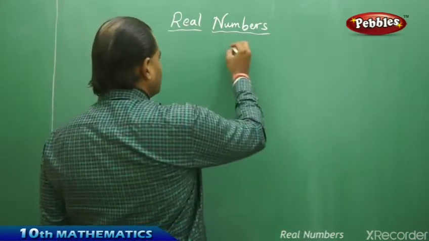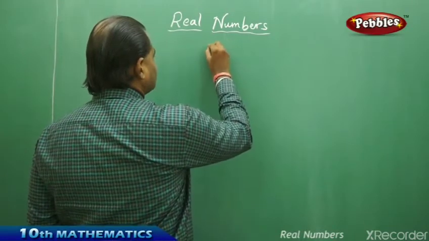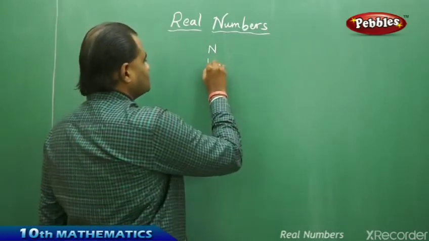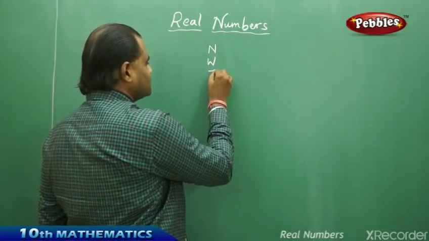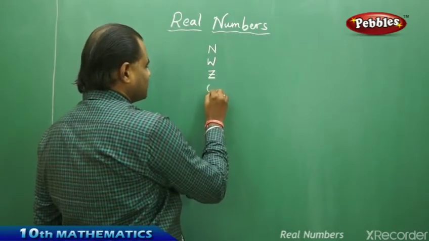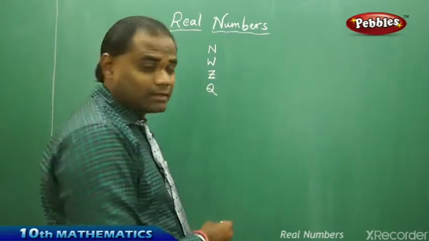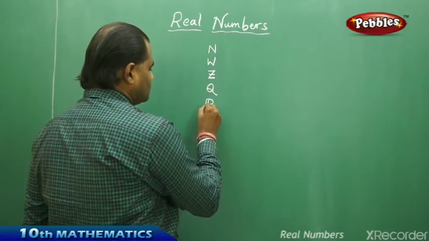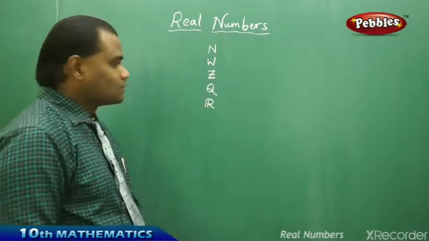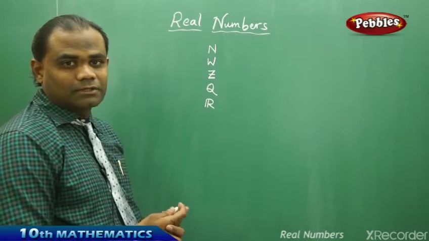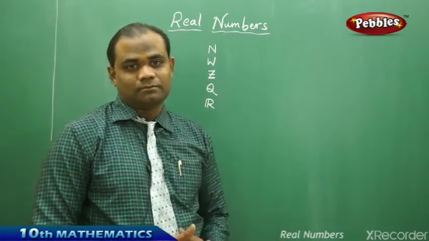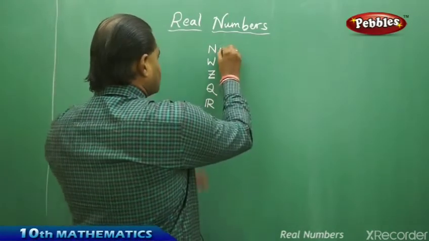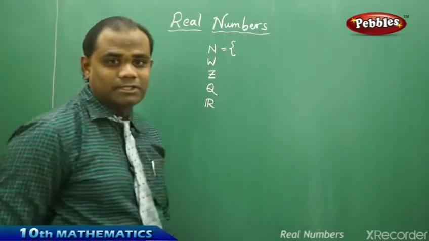Say for example, we know that we have natural numbers denoted by N, then we have whole numbers denoted by W, then we have the set of integers denoted by Z, and we have the set of rational numbers denoted by Q, and then we have finally the real numbers denoted by this symbol R, a Roman R. So these are the different types of numbers which we are going to discuss in today's session, mostly about the real numbers.